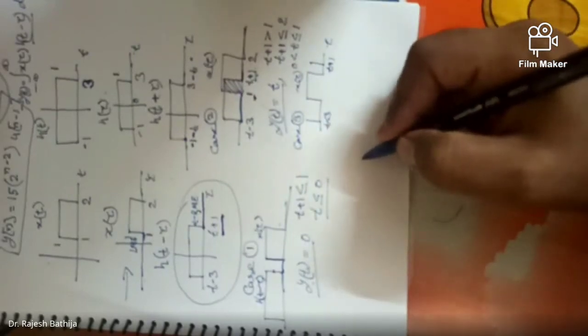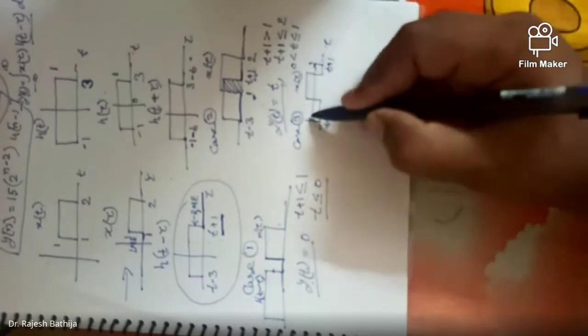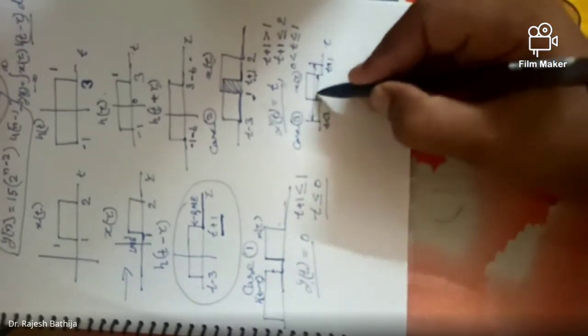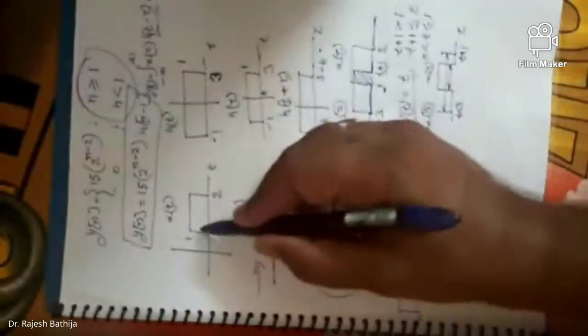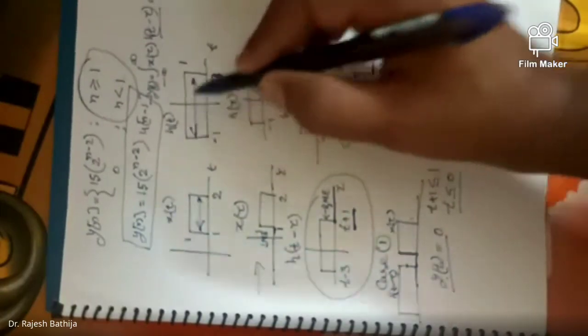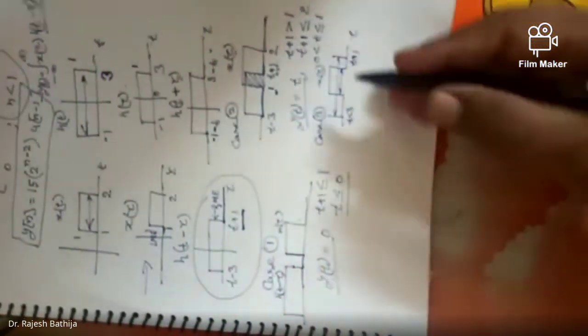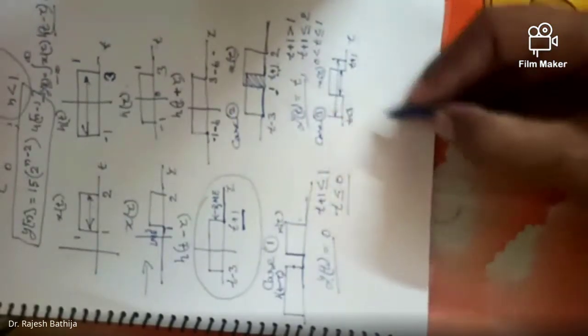Why? Because the width of this signal is larger than the width of this signal. See here, x of tau is having a width of 1 and h of t minus tau is having a width of 4. So this case can arise over here. So case 3 is this.